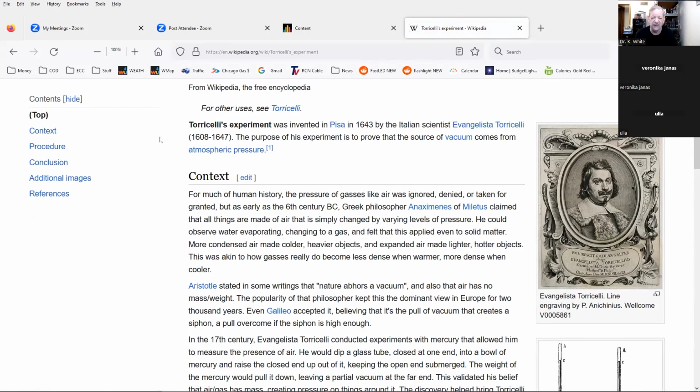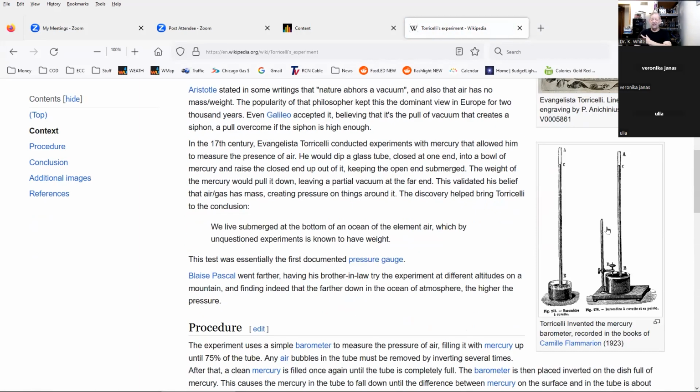I hope I'm pronouncing it correctly. And that was back in, wow, I thought it was 1700. Well, I was only off by about 60 years, 1643. And if you notice, he did it in Italy. And here they show the original one.